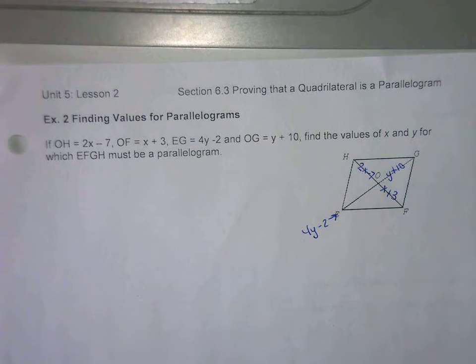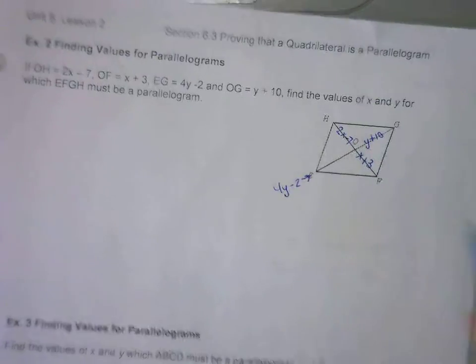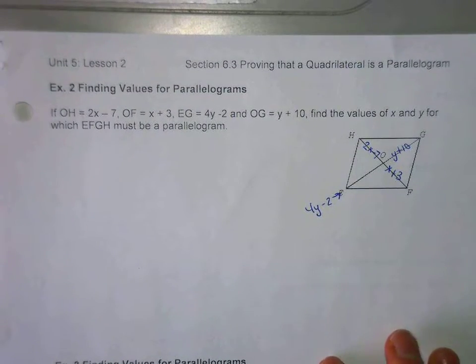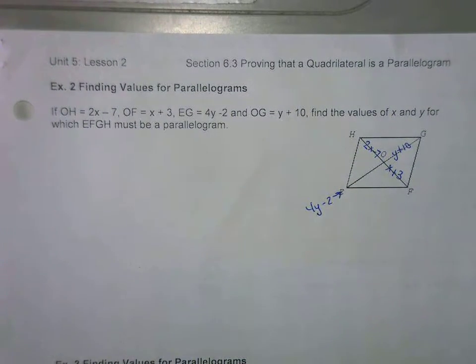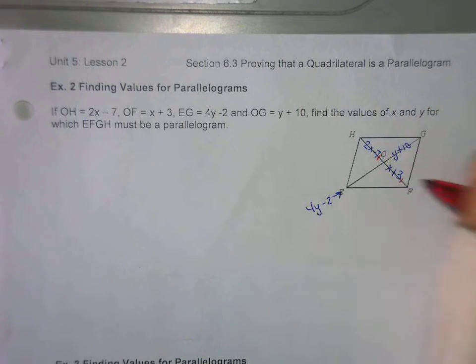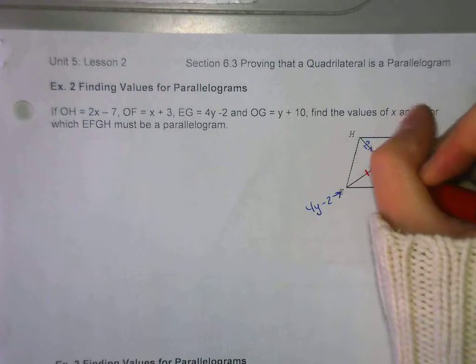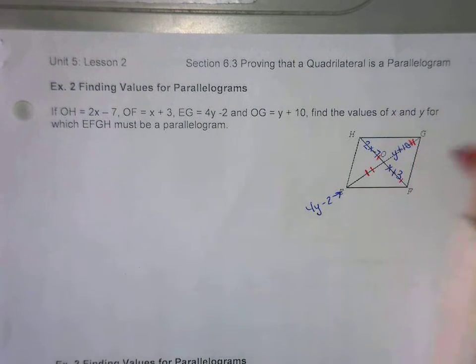I want to find the values of x and y for which EFGH is a parallelogram. If I'm looking at diagonals, for it to be a parallelogram, that means my diagonals are bisected. So OH has to be congruent to OF, and EO is congruent to OG.